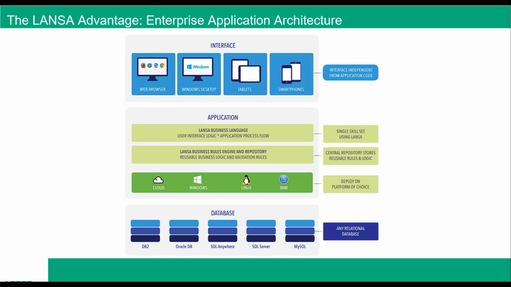With a view to these objectives, the team developed a multi-tiered architecture with a centralized repository containing a business rules engine, and that's what you see in the applications area. Now, this rules engine was supported by what was then referred to as a high-level business language. Today, you'd refer to it as a low-code language.